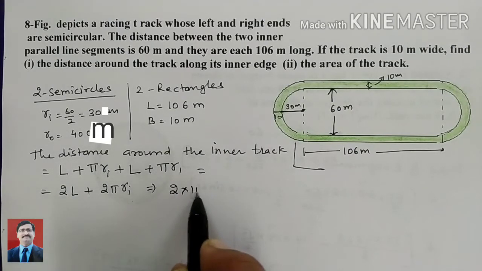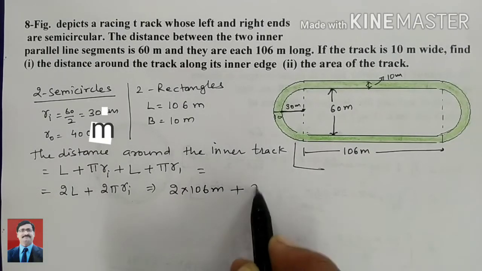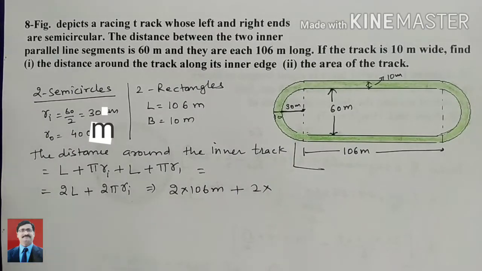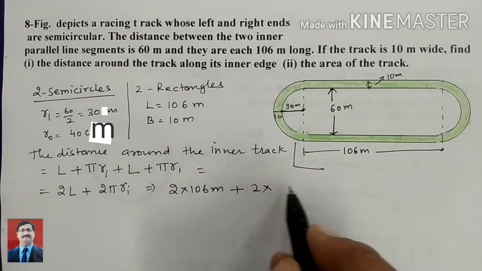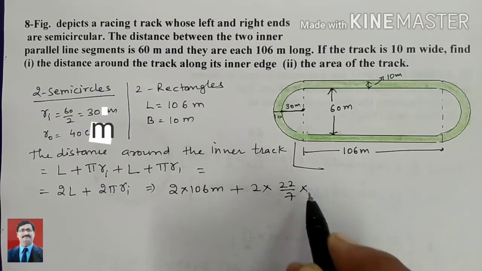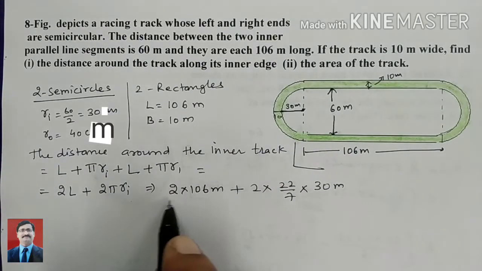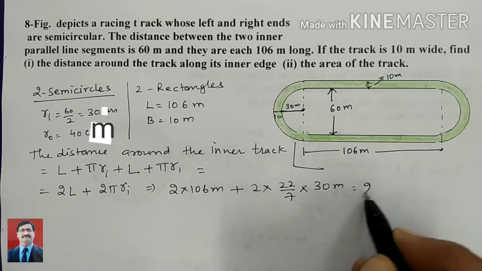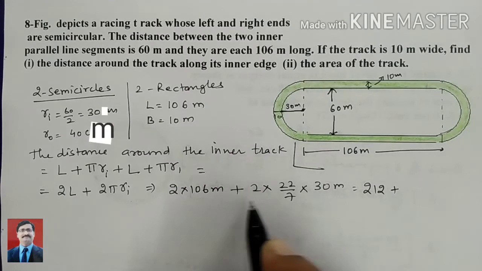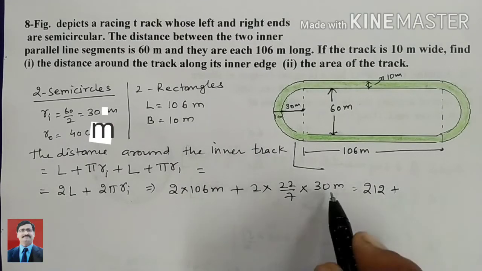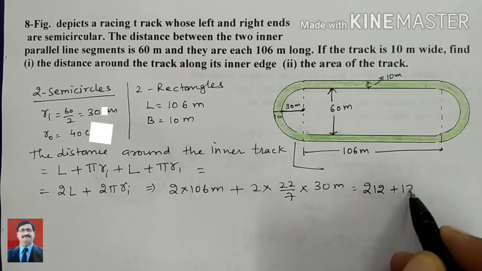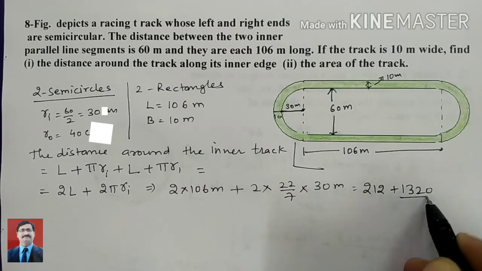2 length is here 106 meters, and 2 into, look here, 2 pi we put 22 by 7, and r inner is here 30. So we multiply this. We will get here 212 plus, multiplying all these, 1320 upon 7.